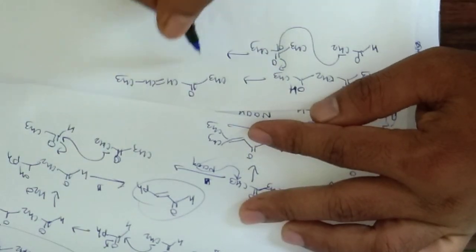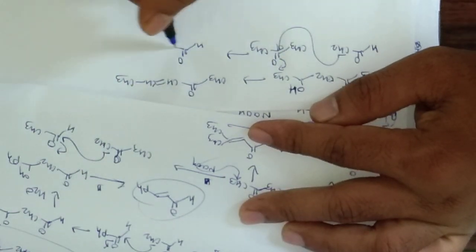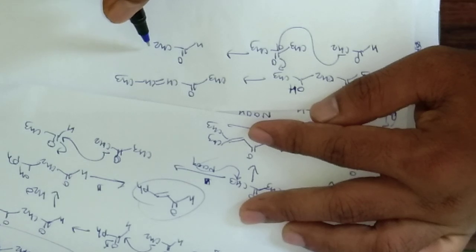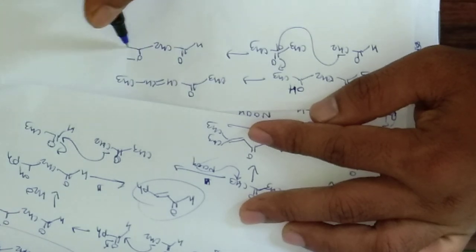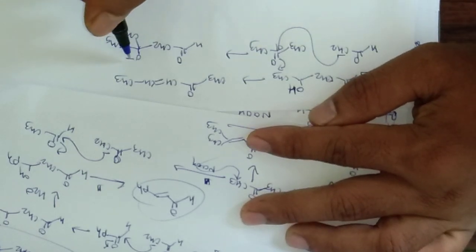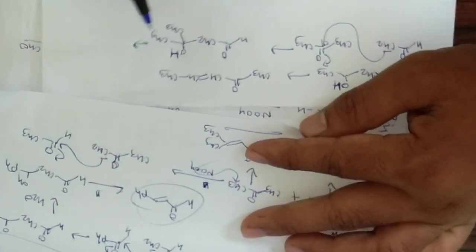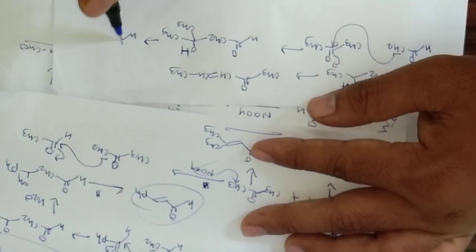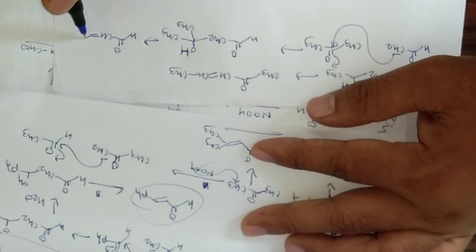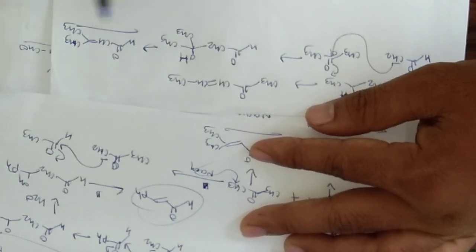Now the formula is H-C(=O)-CH2-C(O minus) with one CH3 and one CH3. After workup H comes, and after dehydration the product is H-C(=O)-CH=C(CH3)-CH3.